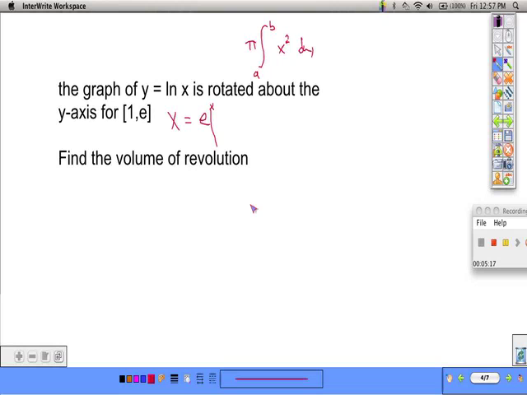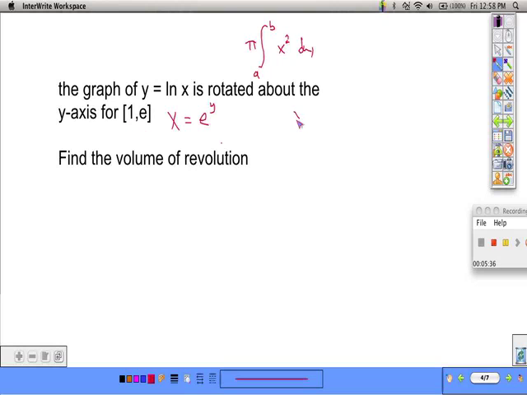And y equals e to the x. Sorry, x equals e to the y. And then we also have to change the limits of integration because this is from x equals 1 to x equals e.